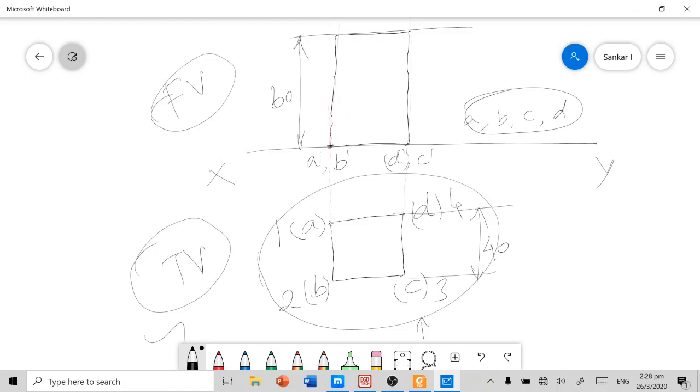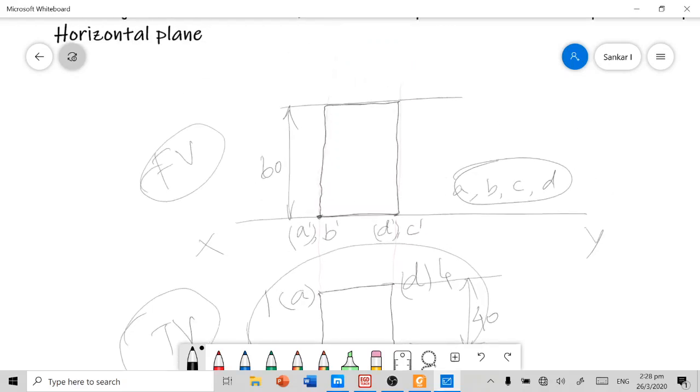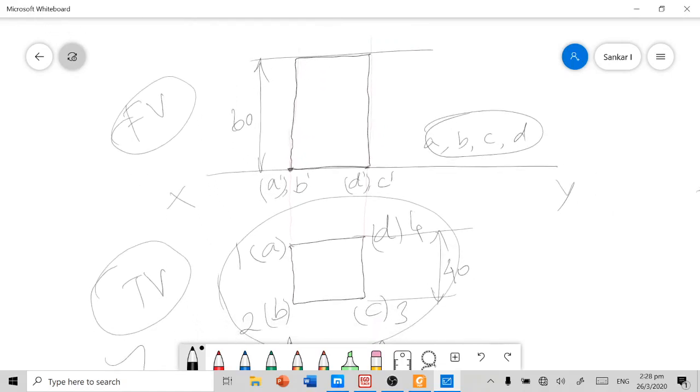In the same way, out of A and B, when you look at it from the front, A stands behind B, so you need to give a bracket for A. In the same way, the same projector can be used for 1 and 2, 1 dash, 2 dash, and here 3 and 4 come with this projector, 3 dash, 4 dash.